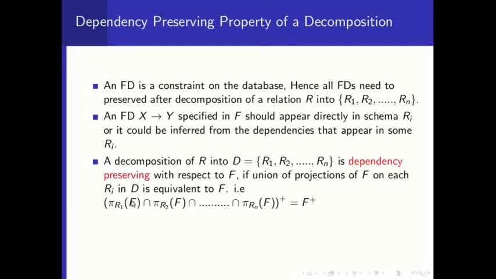Therefore, what do you mean by pi of R1 of F? It is, out of the set of dependencies, all the FDs that correspond to R1. Similarly for the other relations, these are the FDs that can be connected with the decomposition.